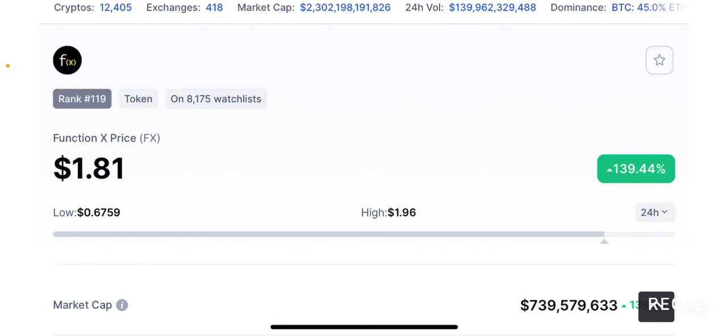So I think a fair market value for this token would be somewhere between $5 to $7 in the long run, depending on how much network activity happens in this blockchain, which is yet to be seen, right? Because I don't think there's a single dApp on the Function X platform that is being deployed or used actively, because most of the activity is happening in some of the other popular blockchains, right? So again, that's just my verdict, guys.